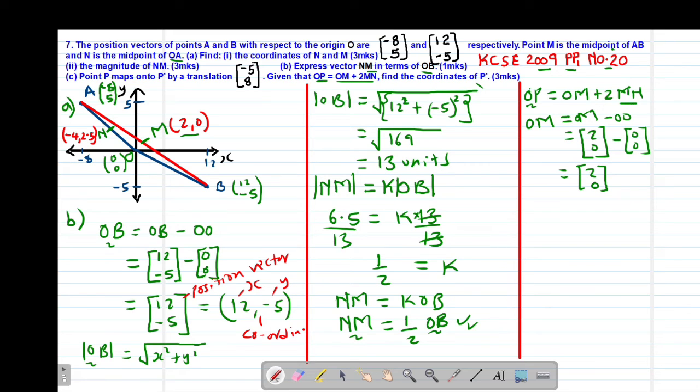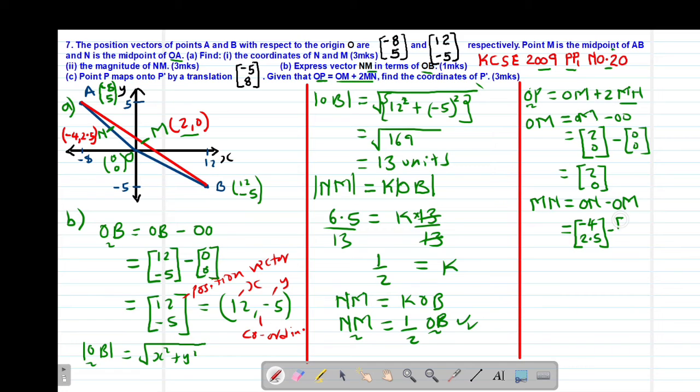Then we also need to have MN. For us to find MN, MN will be given by: you take the coordinates of N, then you subtract the coordinates of M. So this will be given by the coordinates of point N. N had the coordinates of -4, 2.5.